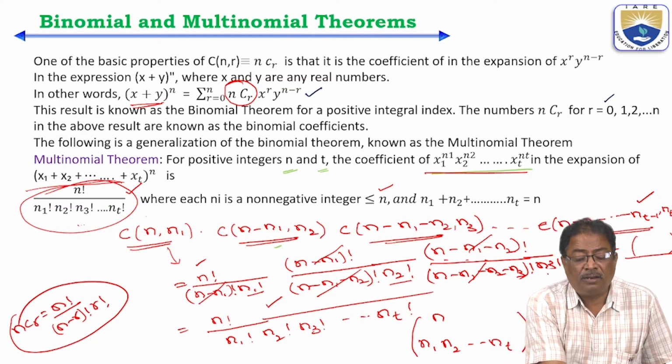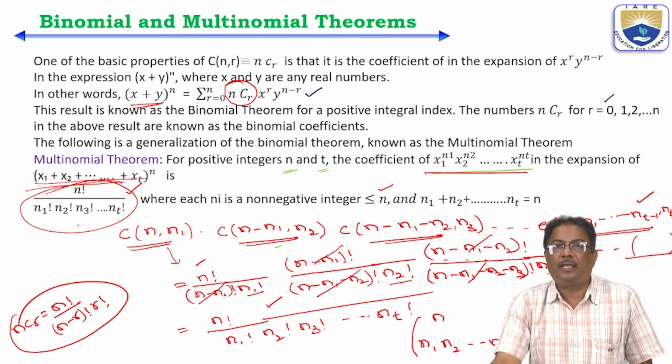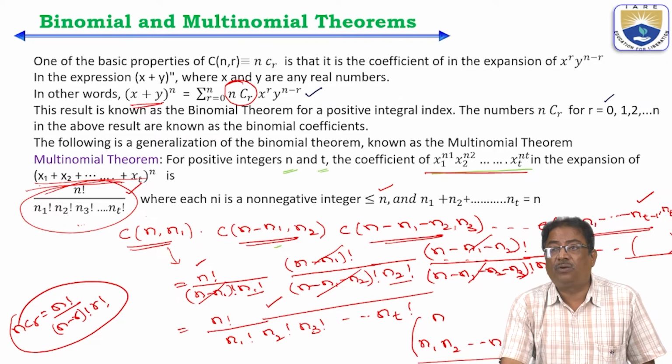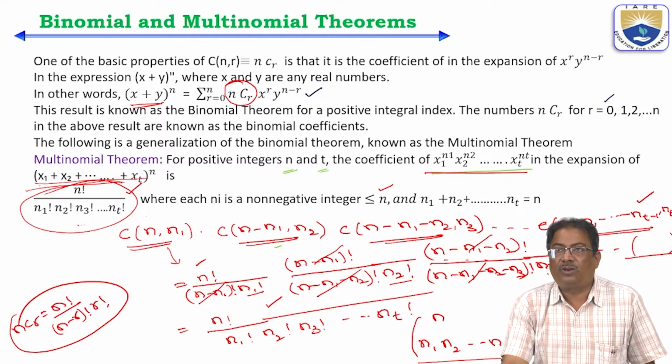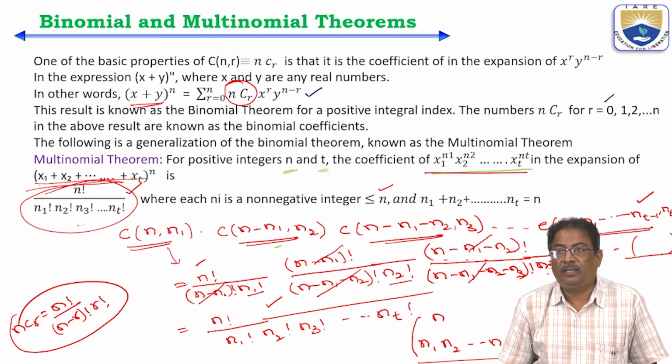For more than two variables, if you apply the same principle, that is (x1 plus x2 and so on plus xt) whole to the power of n, if you expand, then this is nothing but the coefficient of x1 to the power of n1 into x2 to the power of n2 into and so on, xt to the power of nt.